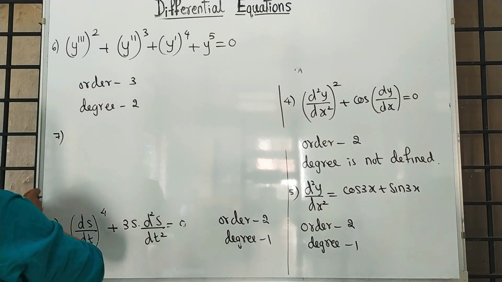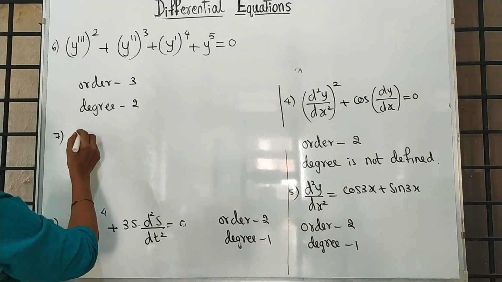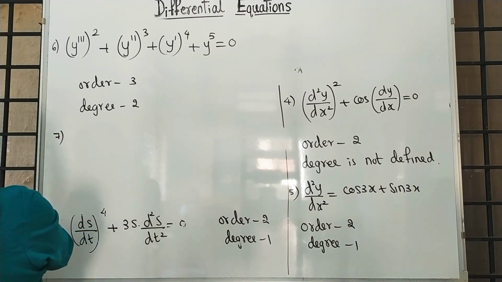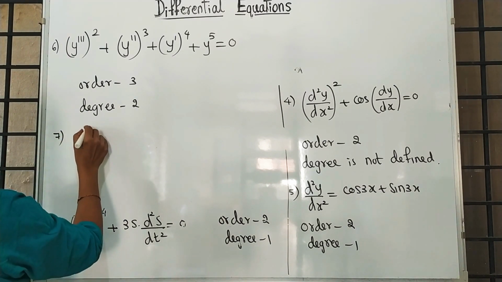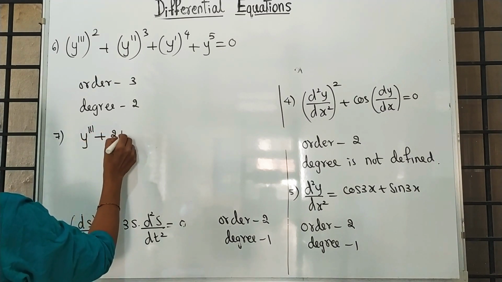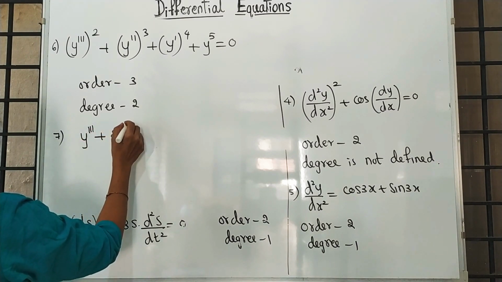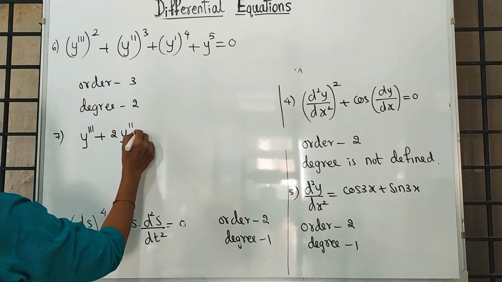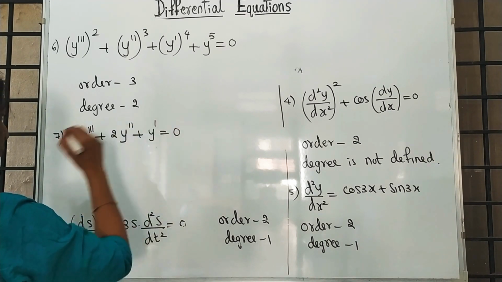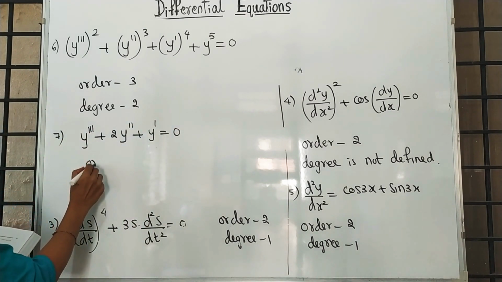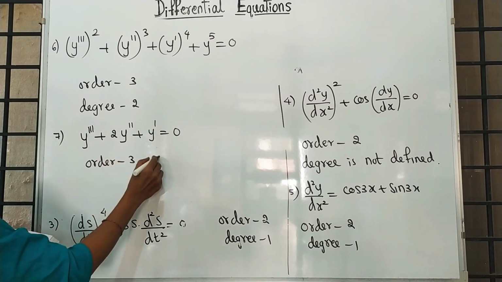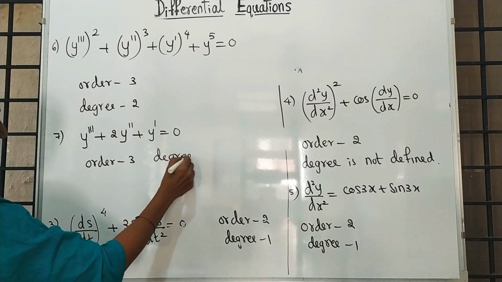Seventh one, y triple dash plus 2 into y double dash plus y dash is equal to 0. So, here order 3, three times differentiated, degree, its power is 1.